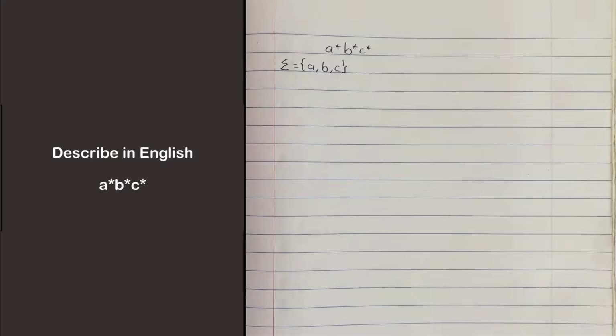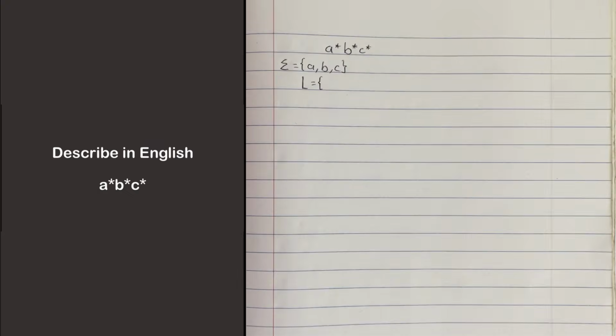We can assume that our alphabet is A, B, C, because those are the only symbols that were used. So for this regular expression, we can have any number of A's followed by any number of B's followed by any number of C's, including the epsilon.